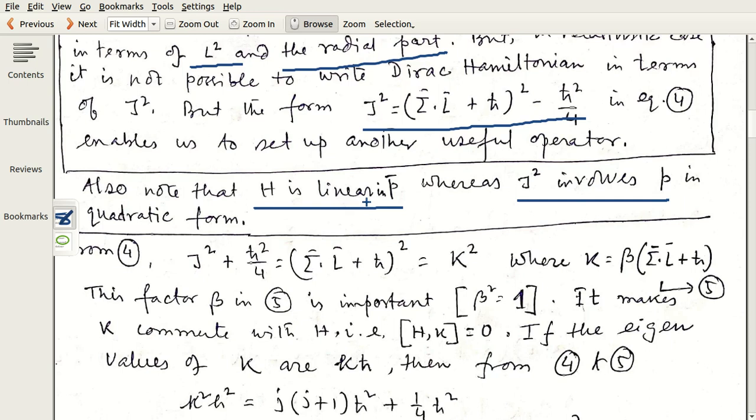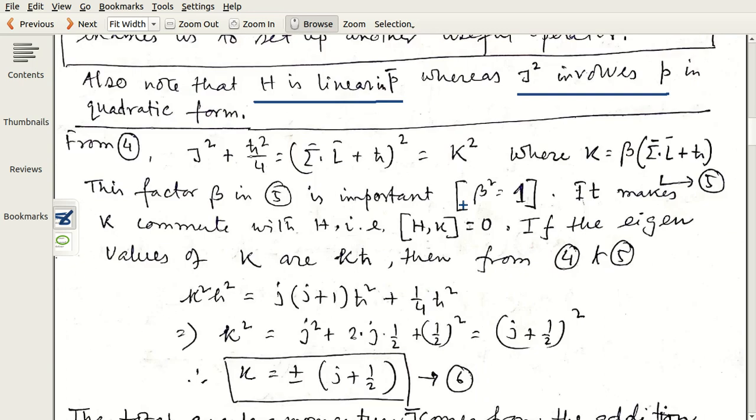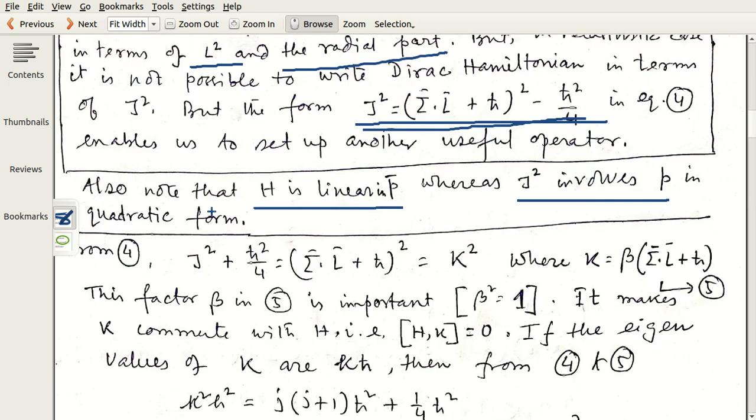But it is possible to find an alternative way. This form of J square makes it easier for us to frame another equivalent operator, which we see now.